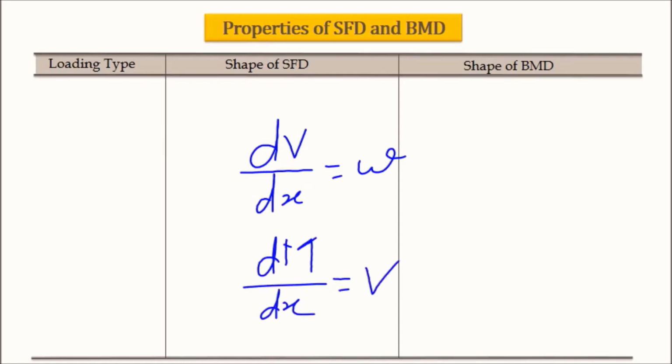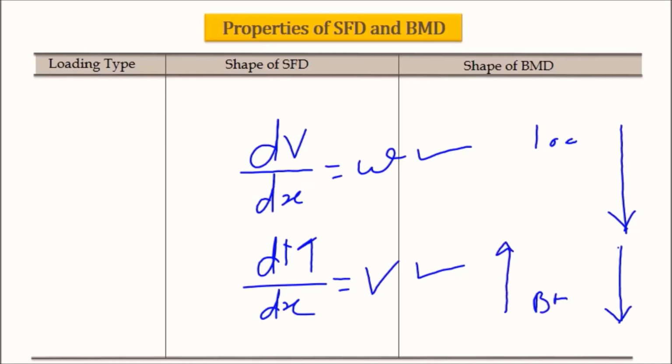Based on these two relations, we have written the relation between loading diagram, shape of SFD and BMD. When you come from loading diagram towards SFD and then towards BMD, you are going to integrate, and when you go from bending moment diagram towards SFD and towards loading diagram, you are getting derivatives.